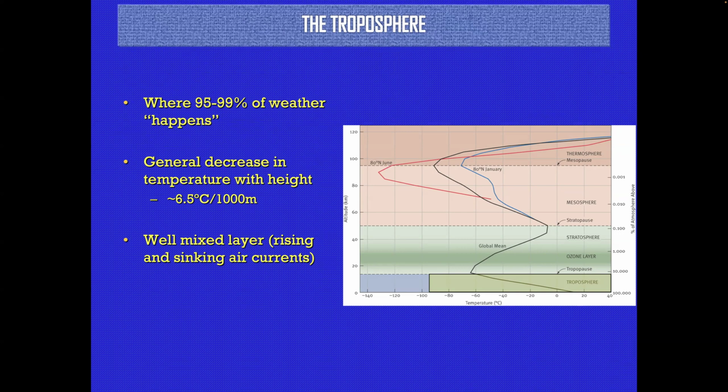And sometimes the air goes up and it forms clouds. Sometimes it sinks and dries up. So well mixed here means there are rising and sinking currents happening all the time. There's a variable thickness from pole to equator, but it's on average around 11 kilometers.